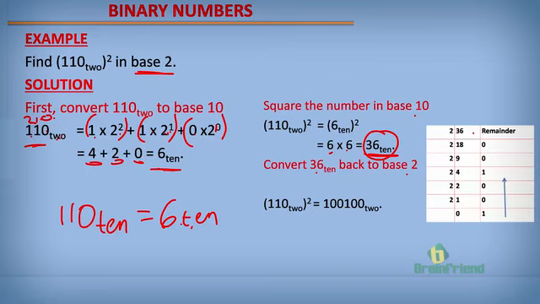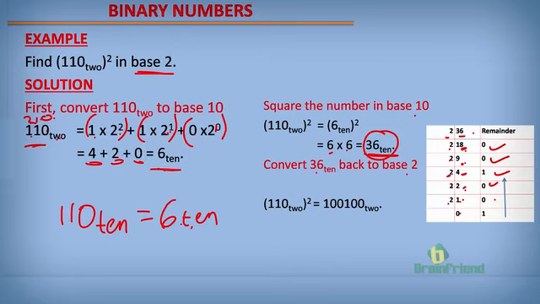Again, we do our long division, the method of repeated division. 36 divided by 2 gives 18, remainder 0. 18 divided by 2 gives 9, remainder 0. 9 divided by 2 gives 4, remainder 1. And 4 divided by 2 gives 2, remainder 0. 2 divided by 2 gives 1, remainder 0, and 1 divided by 2 gives 0, remainder 1.